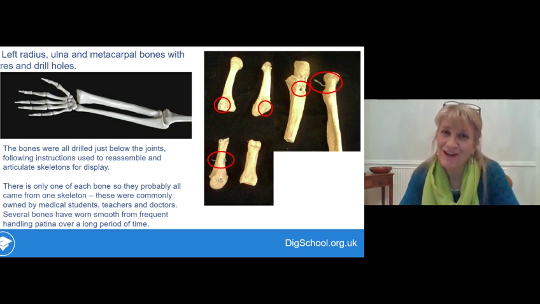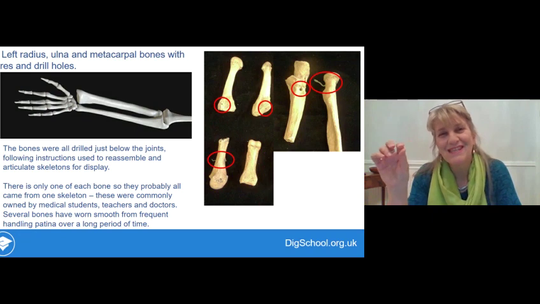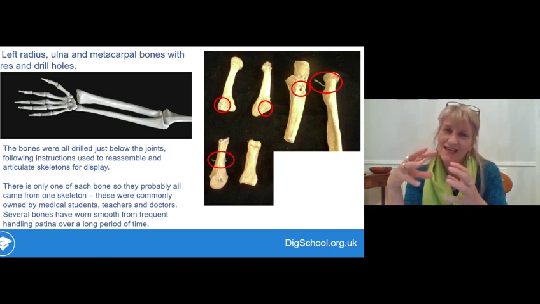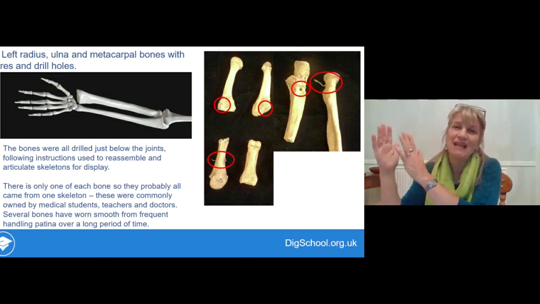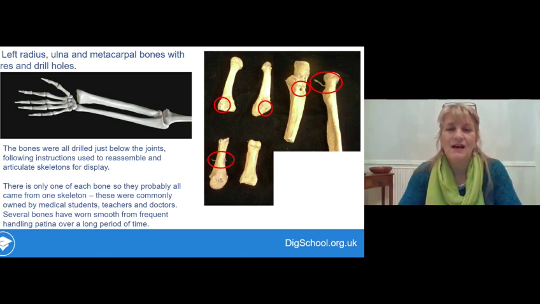Now, when people are alive, there are tendons that hold bones together. You don't need drill holes and wires in them. But the position of these wires and the position of the holes is absolutely classic for when a skeleton has been reassembled for display purposes, so to be stood up as if it was in a standing live position.